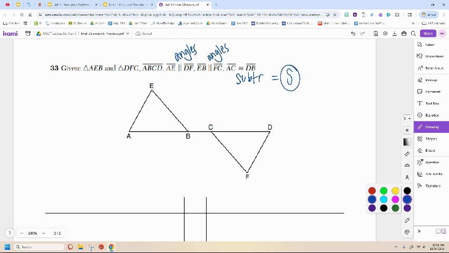Are there any right angles in this proof? No. So automatically we know HL, that's not what I wanted to put there. HL and right triangles are a no. Do we have two sets of sides or only one set of sides?